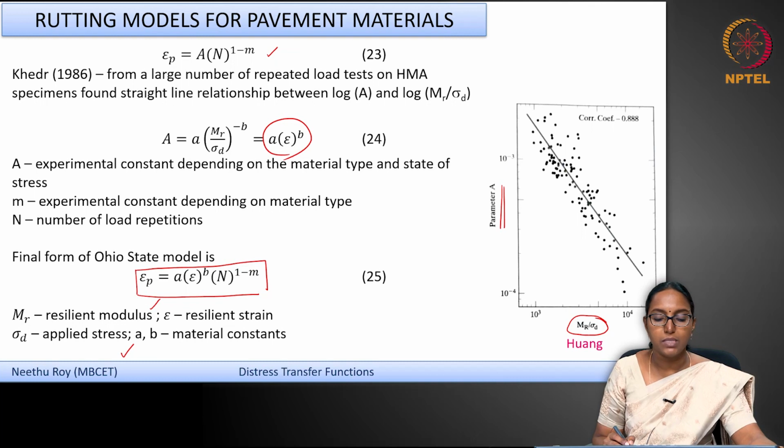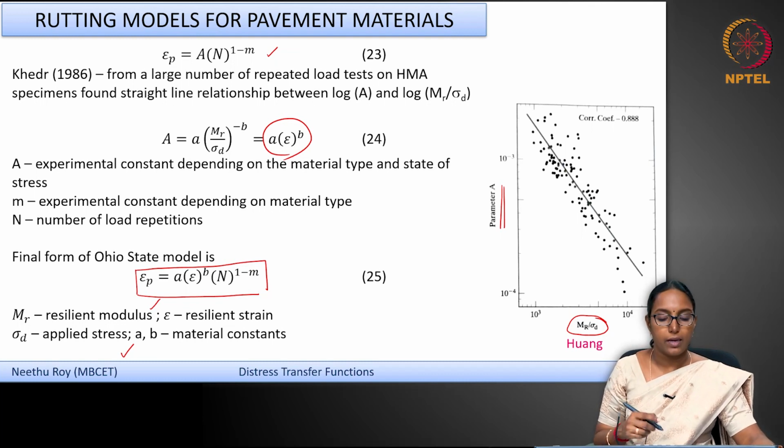As I said, m is the experimental constant which depends upon the material type. a and b are again material constants, and epsilon is essentially MR by sigma D, which is the resilient modulus by the applied stress, or the elastic strain of the material, and epsilon P represents the permanent strain.